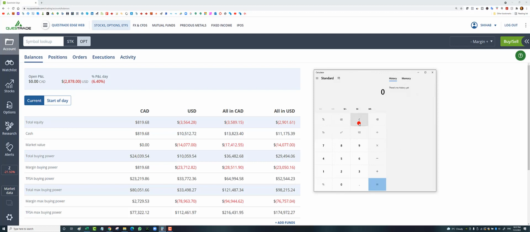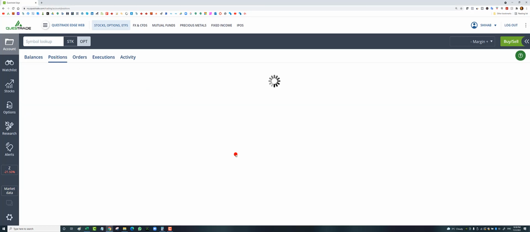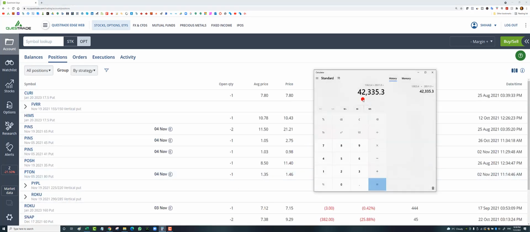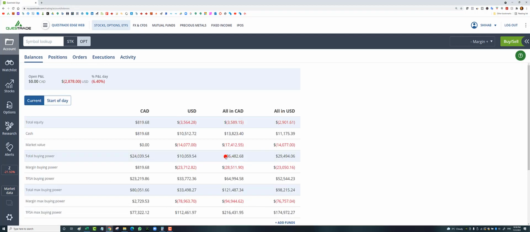So that means my positions right now currently are using 13,823.4 plus 28,511.9. So that means the trades that I have open right now are using $42,335 of buying power. And it says here that I have remaining 36,482.